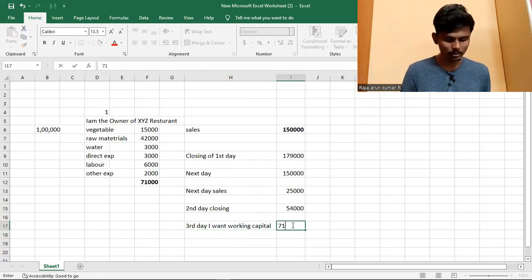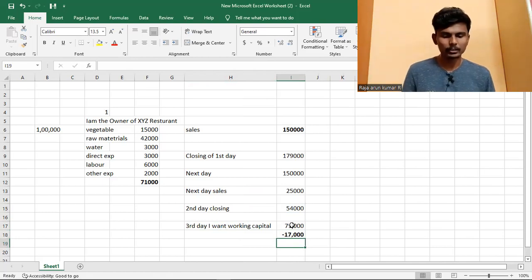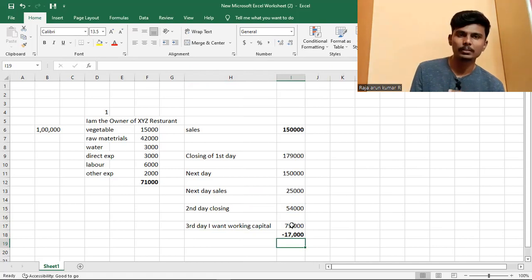I put the first day 71,000. Here negative of 17,000. This is the reason we calculated the working capital management. We study the working capital management because of this reason.